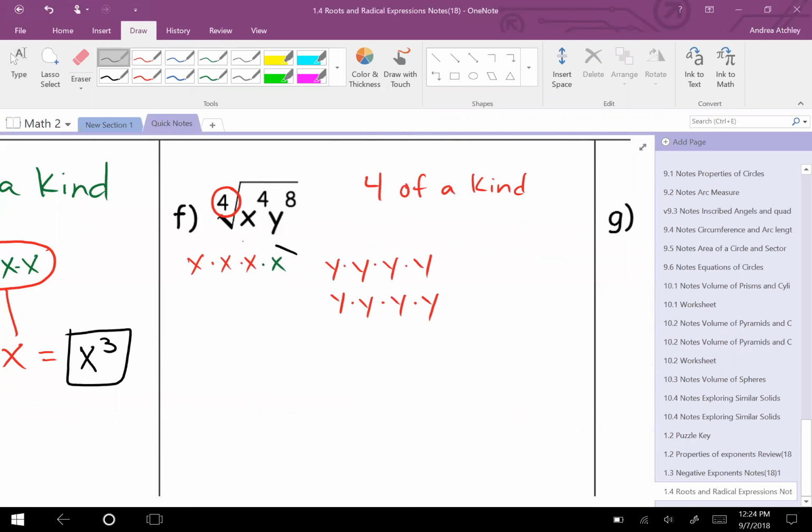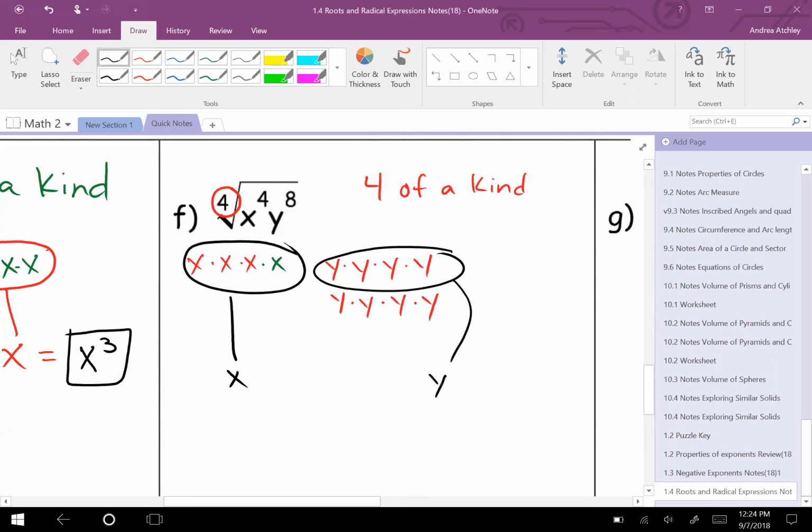So I have 1 group of 4 x's. I have 2 groups of 4 y's. If I multiply it all together, x times y times y times y is y squared. Any questions over that?